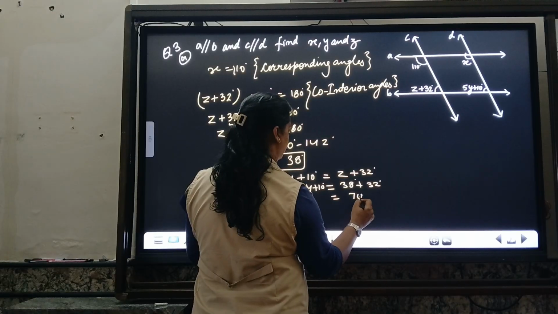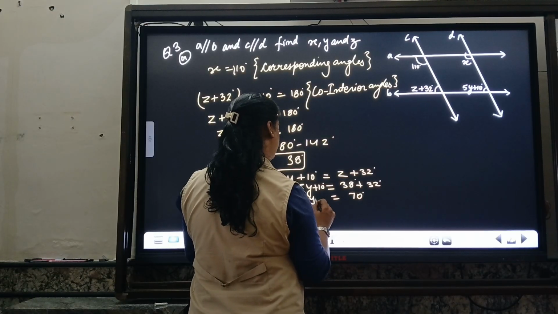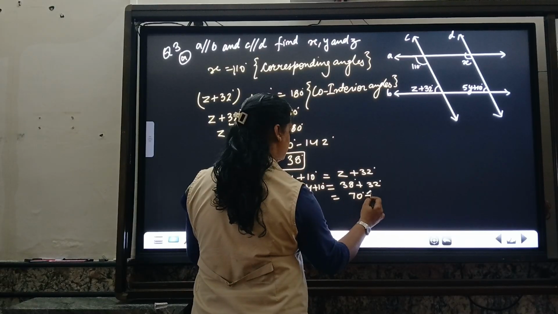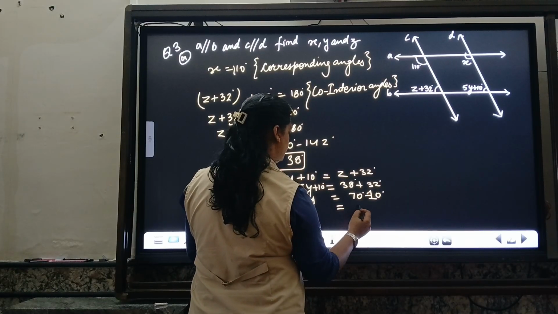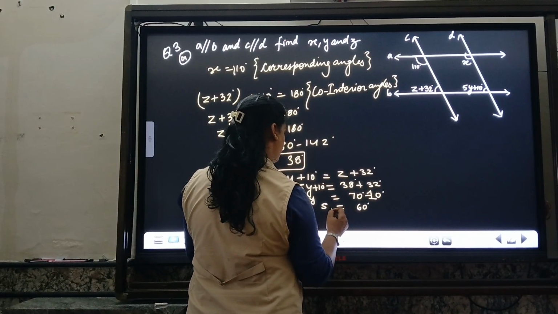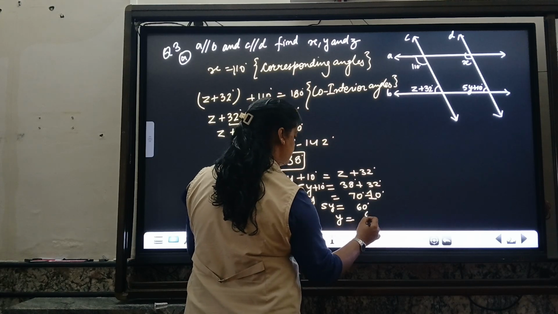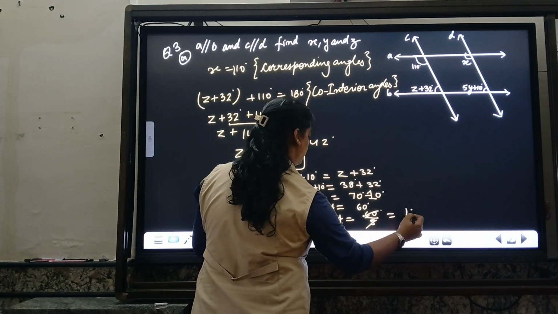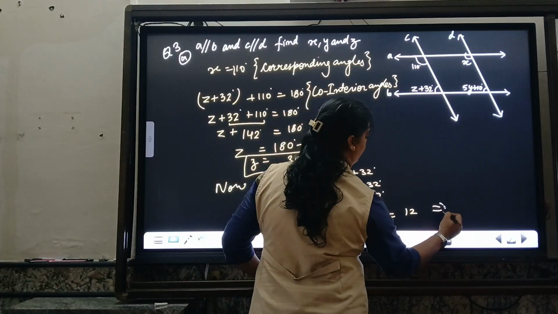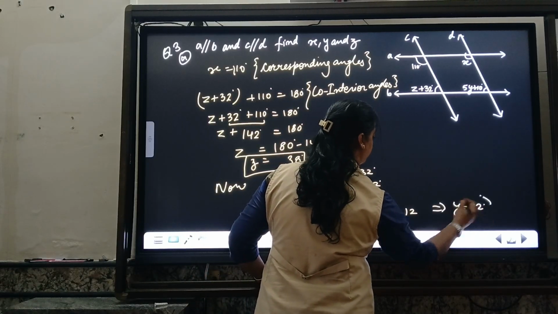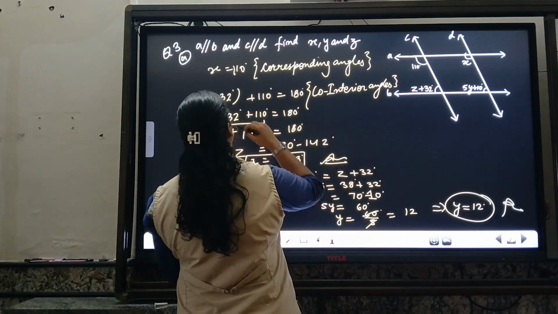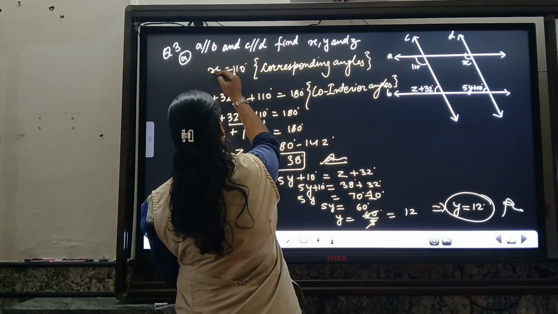It is 70, and 5y will be alone and 10 will transfer there. Here I will get minus 10 degree. What will be the subtraction? It is 60 degree. Now the value of y would be 60 divided by 5, which is 12. So what is the value of y? y is equal to 12 degree. Here we have the answer, these were the answer steps.